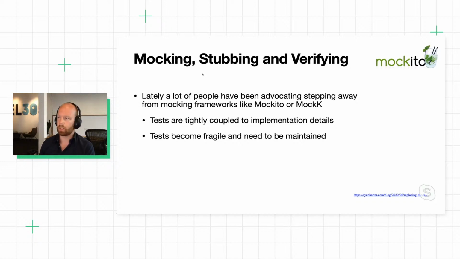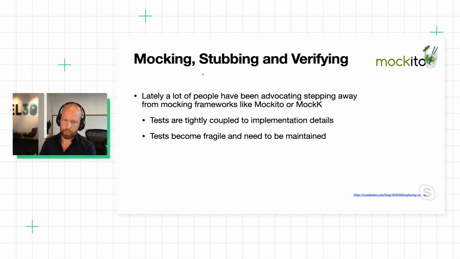The main problems are that the tests are tightly coupled to implementation details, so changing your implementation will also require you to change your tests. That means your tests become fragile and you need to actually maintain them. I won't really go into detail about why we don't want to mock anymore, because there are numerous articles online. Instead, I want to look at some of the alternatives we can use.